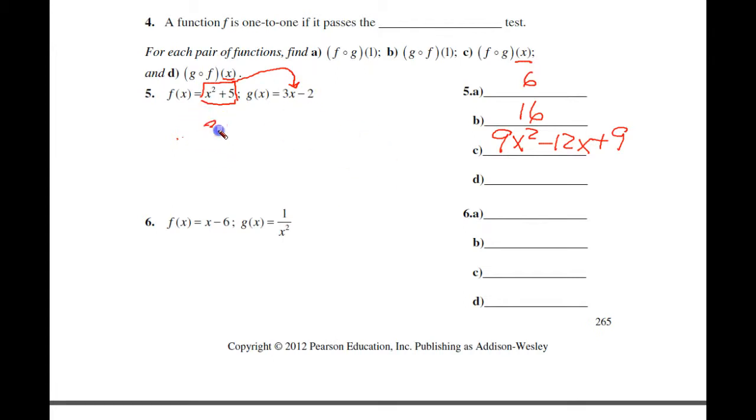So that's going to be 3 times x squared plus 5, and then minus 2. So 3 times x squared is 3x squared plus 15 minus 2. So this then gives us 3x squared plus 13 as our end result.